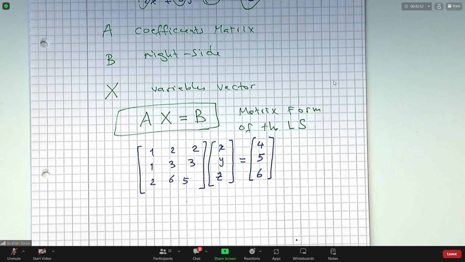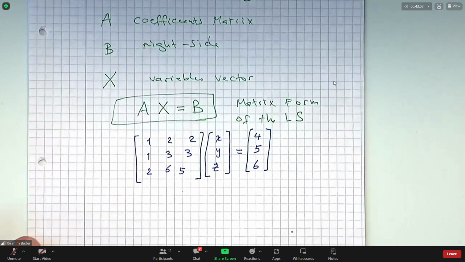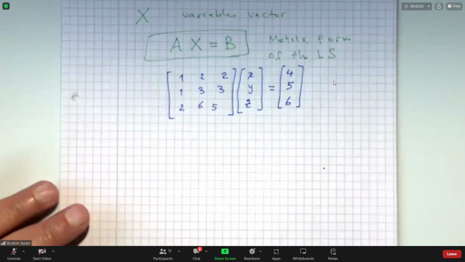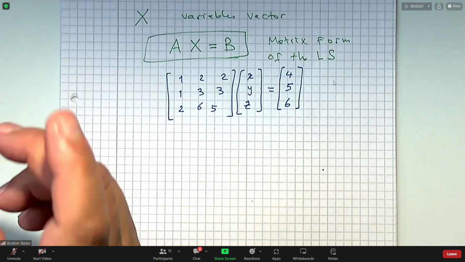Now here, a very important note that I will just show you. First of all, this is matrix A, right?